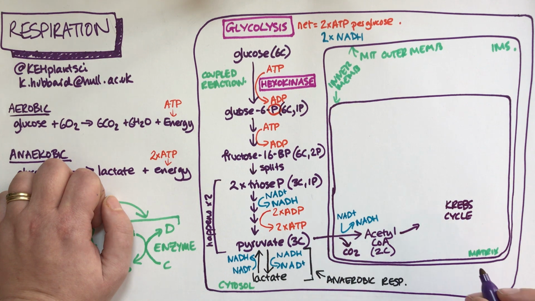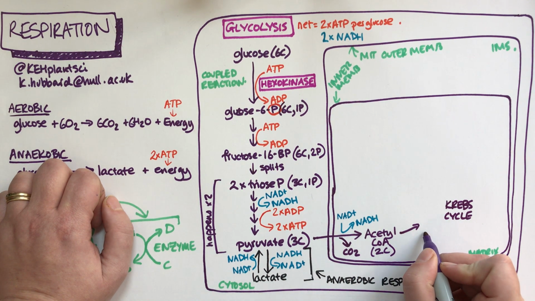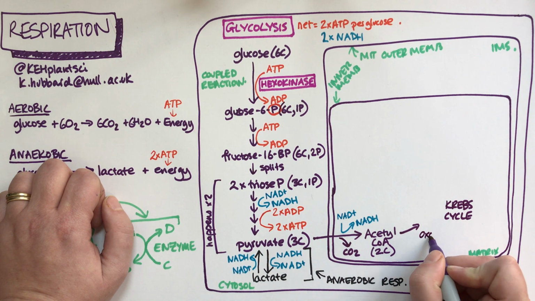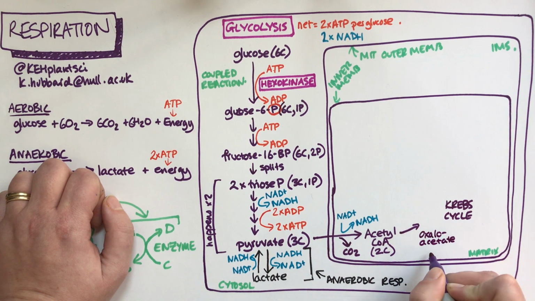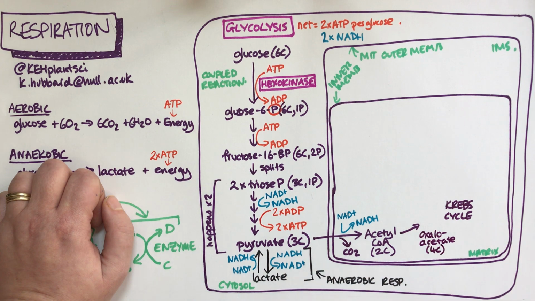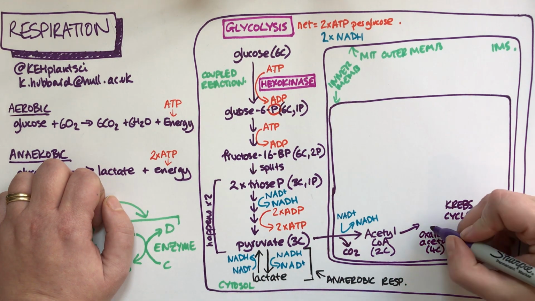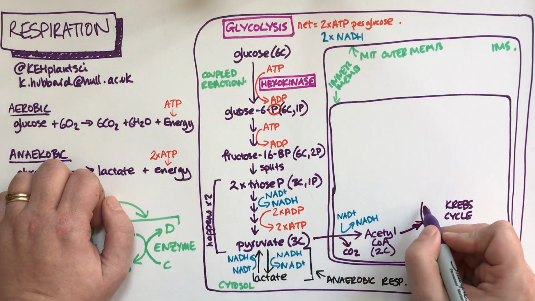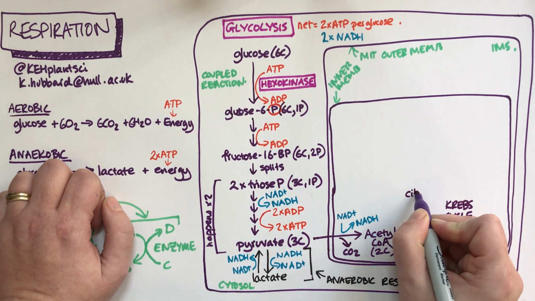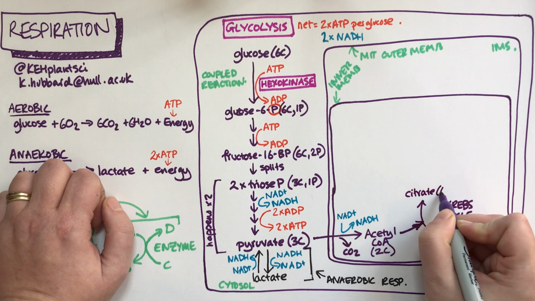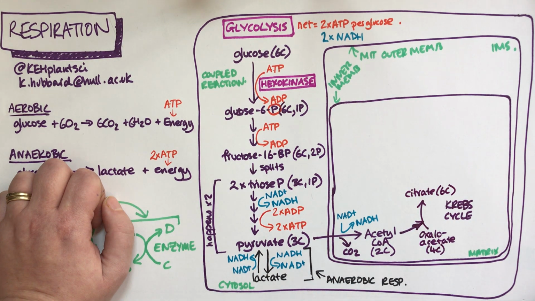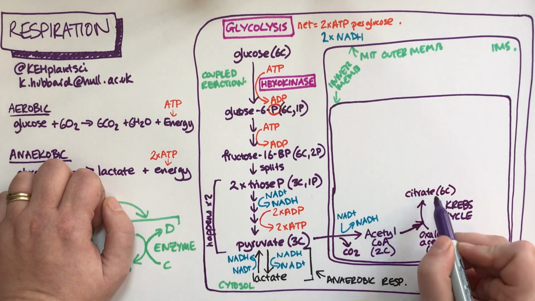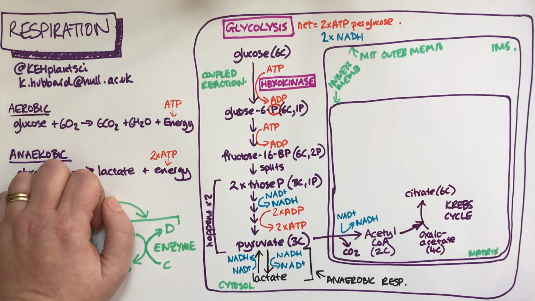What I want you to know about is the first reaction is a molecule called oxaloacetate, which is a 4-carbon molecule. 4 carbons, we take the 2 from acetyl-CoA, so that goes in there, to make citrate, which is 6 carbons. So that's why it's called the citric acid cycle, because we make citrate as the first important product of it.